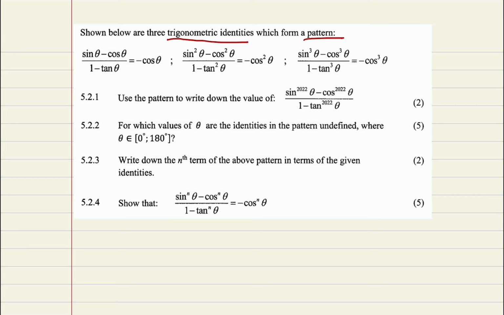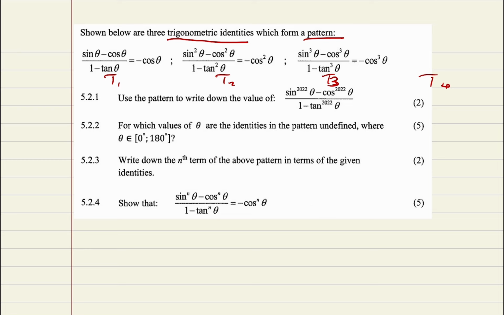Okay. So this is term number 1. This is term number 2, and this is term number 3. You can continue with term number 4, and so on. But what do we observe here? On term number 1, the denominator is 1 minus tan theta, and the numerator, sine theta minus cos theta, is equal to minus cos theta.